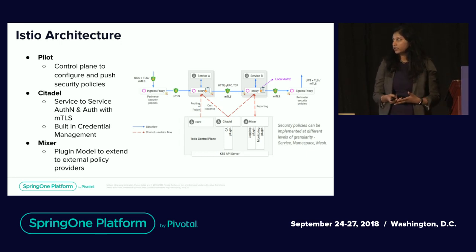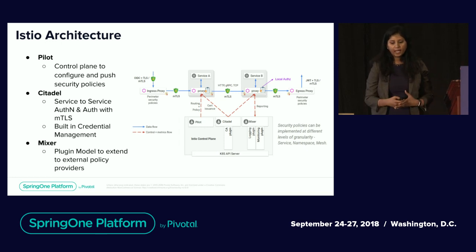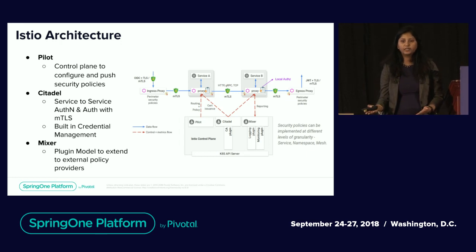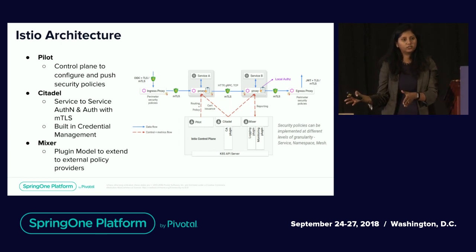The second important thing is Citadel. Citadel is actually a CA, and it is responsible for pushing identity to every single service in the mesh. So you can translate it to an application identity or a service identity. So this is an X509 cert that gets pushed to every single service in the mesh.